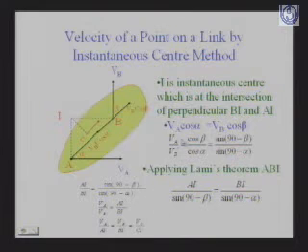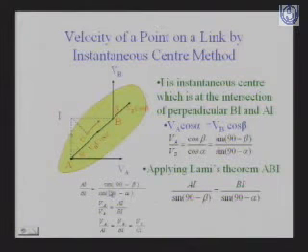So VA cos alpha equals VB cos beta, which gives VA upon VB equals cos beta upon cos alpha. If we transform it to sin of 90 minus beta, and apply Lami's theorem in triangle ABI, then AI upon sin(90 minus beta) is equal to BI upon sin(90 minus alpha).